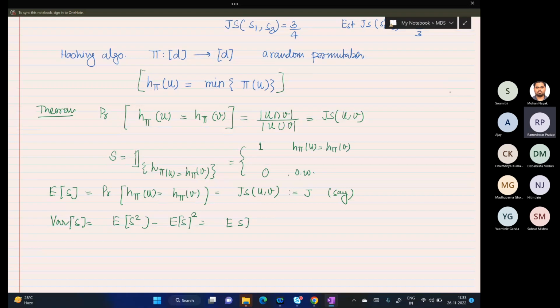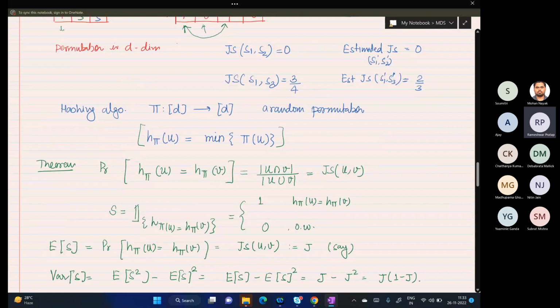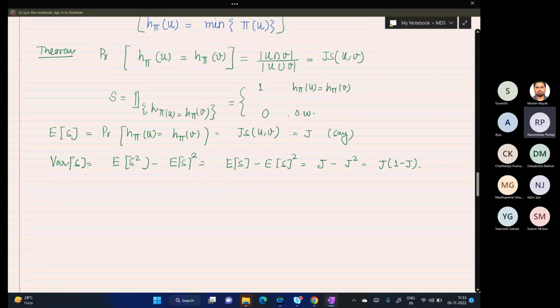It is expected value of S minus expected value of S whole square. So this is j minus j square, so this is j times 1 minus j. Right. And suppose we are repeating it k times, here we are repeating it 3 times. Suppose in general we are repeating it k times. So our new estimator will be the average of all those estimators.